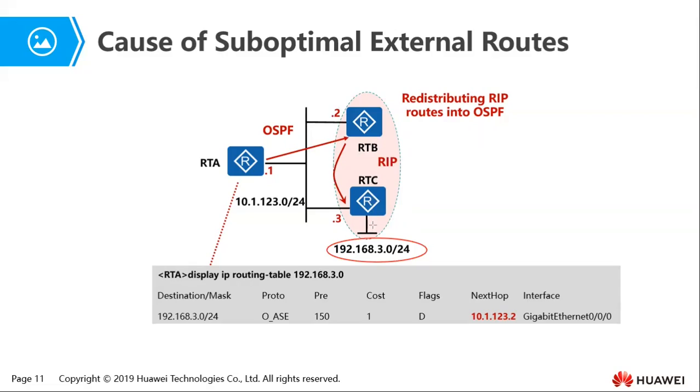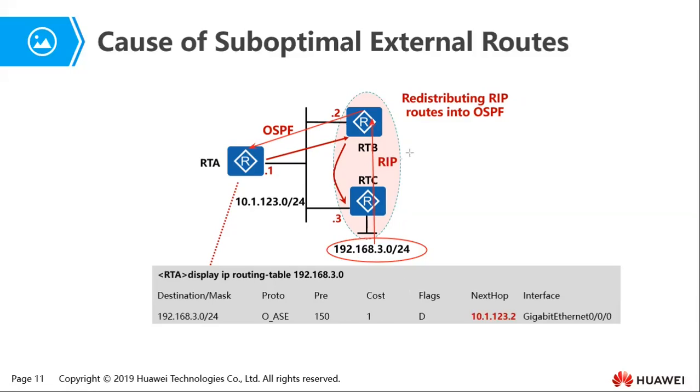So RTB will have it in its routing table. Now, if we configure RTB to import routes that have been learned via RIP into OSPF, then RTB is going to advertise that network as a type 5 LSA into the OSPF domain. And that is how RTA will know about this network.